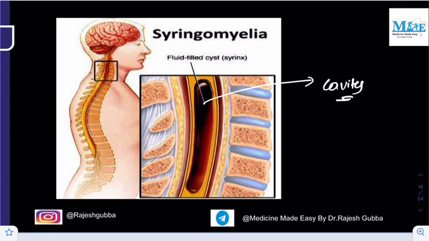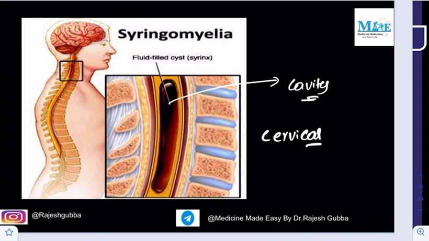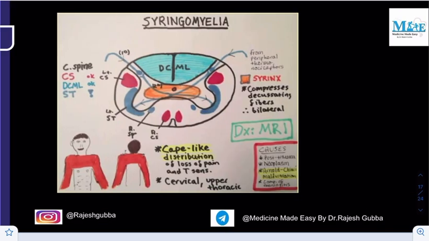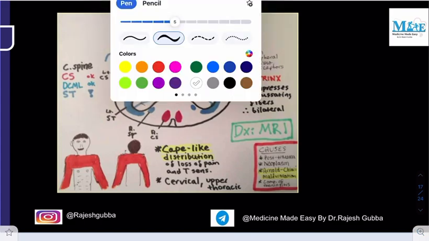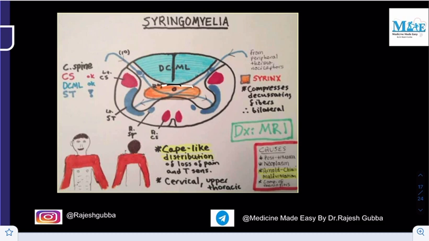And syringomyelia most commonly is present within the cervical area. This fluid-filled cavity, which is present in the central part of the spinal cord, will damage or destroy the spinothalamic tracts which are crossing to the opposite side.